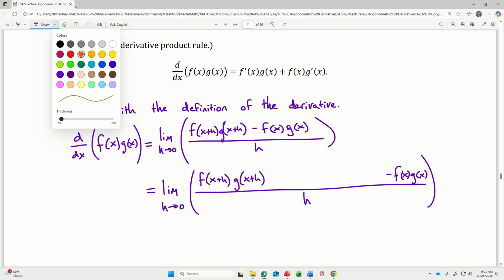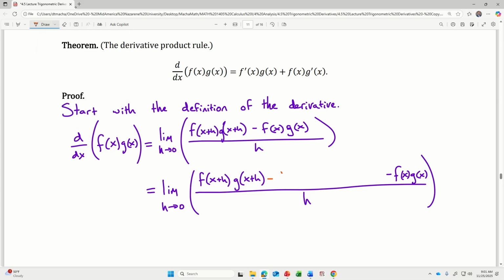I think it's going to be minus f of x g of x plus h. And then I'm going to also have to add f of x g of x plus h.